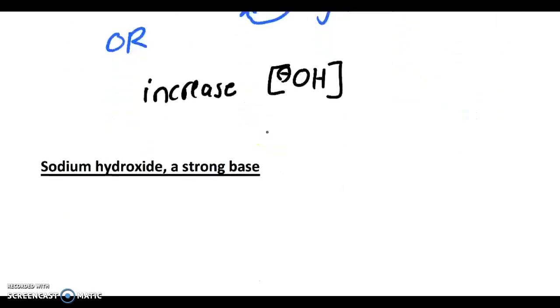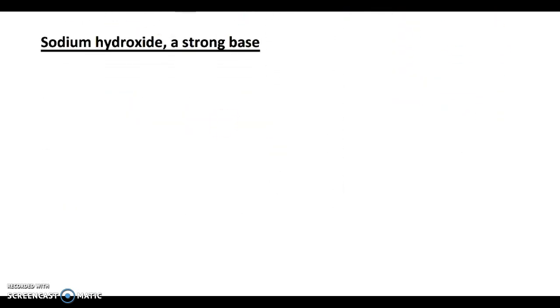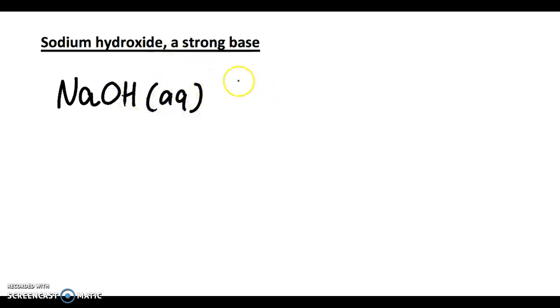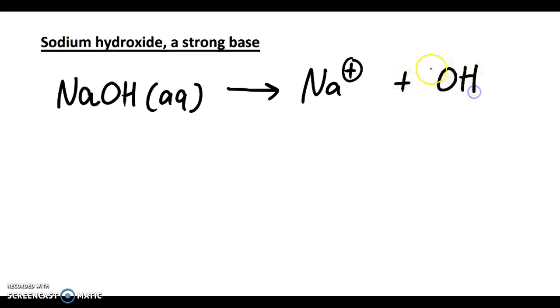So let's give you an example of a strong base. Sodium, if you look on your periodic table, is Na, and the hydroxide is just this. Now when you put this in an aqueous solution, this also dissociates completely. That's what it means when you say something is strong. So there's my sodium, and this hydroxide took that electron from sodium, and thus it acquired this negative charge.